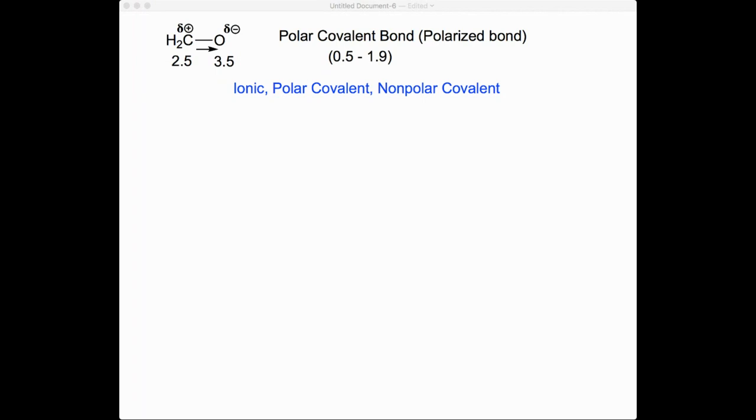Okay, so that brings me to something really important that we are going to be learning today, which is we're going to learn how to draw organic molecules.